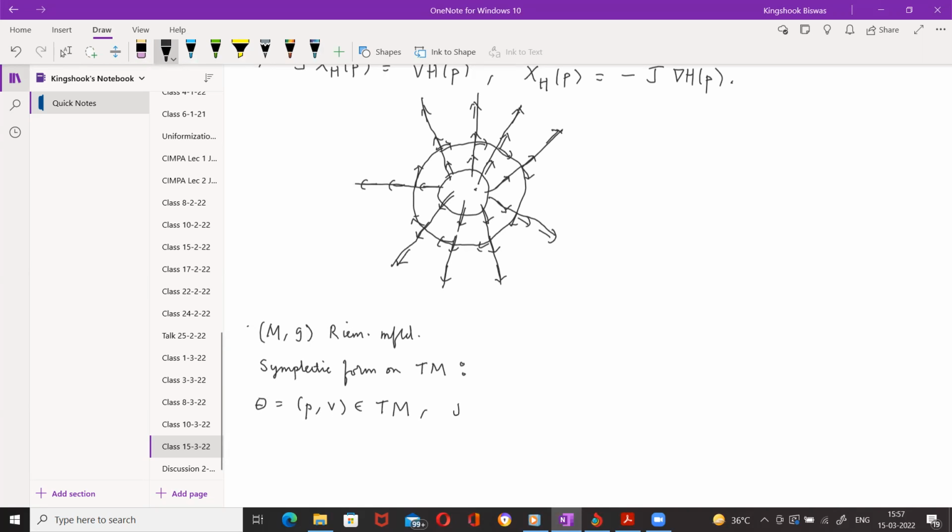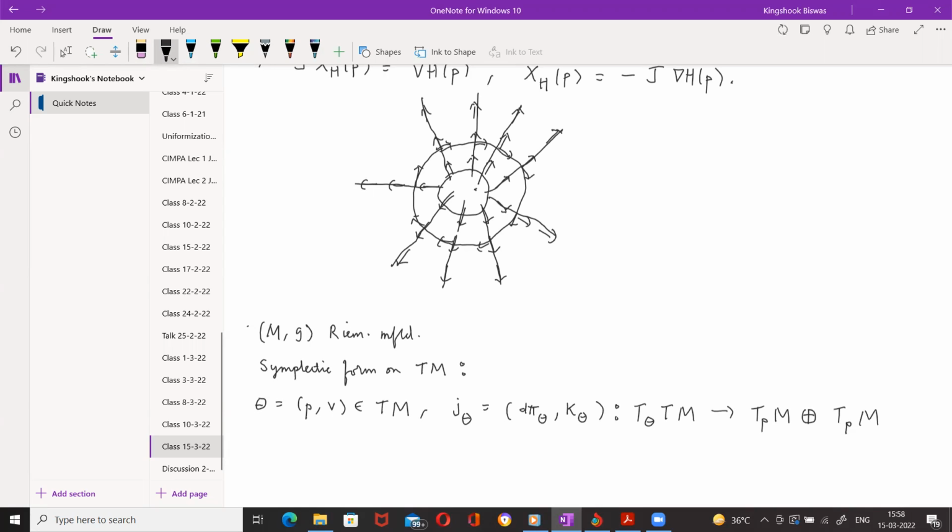And we have the isomorphism (d pi theta, K theta) from T theta TM to TpM direct sum TpM.